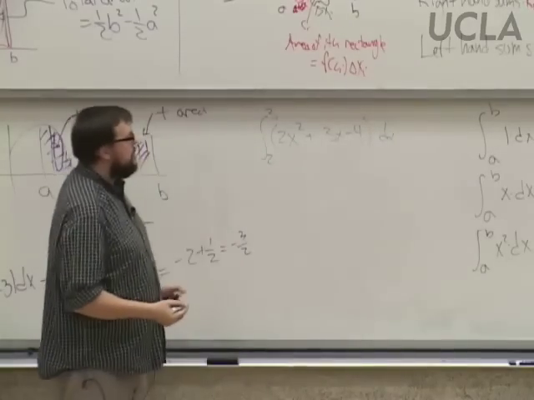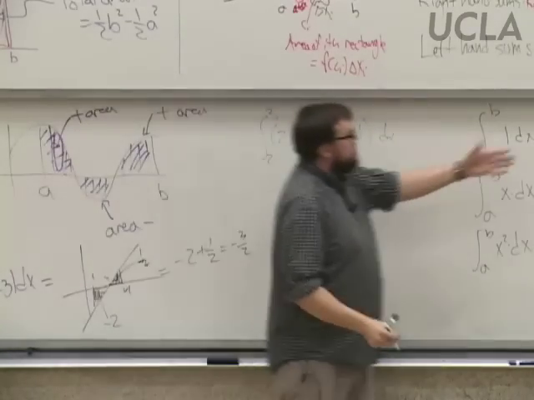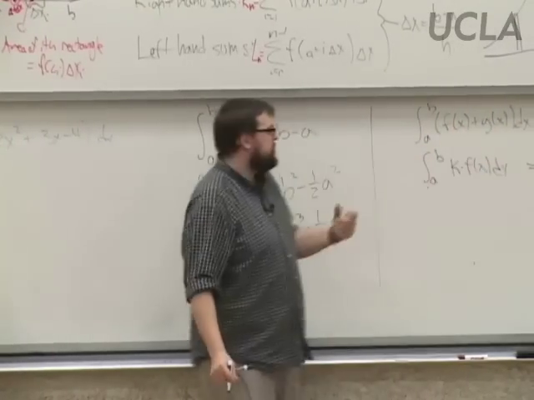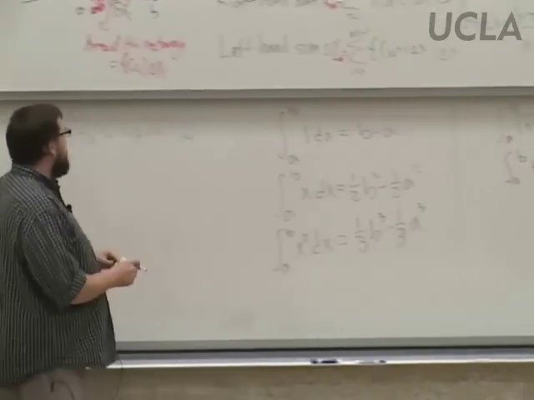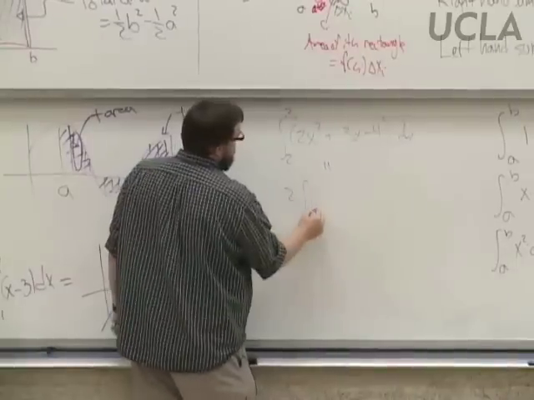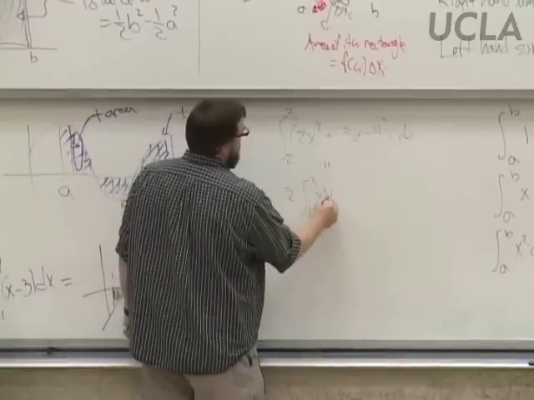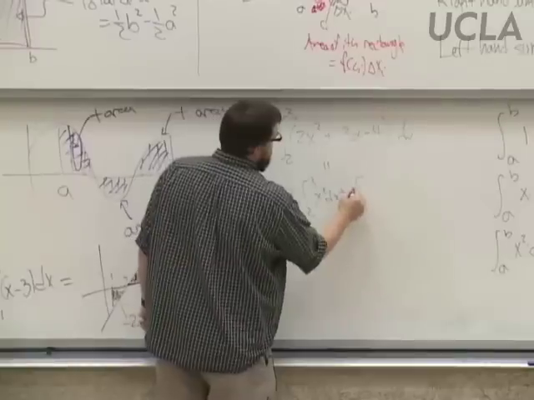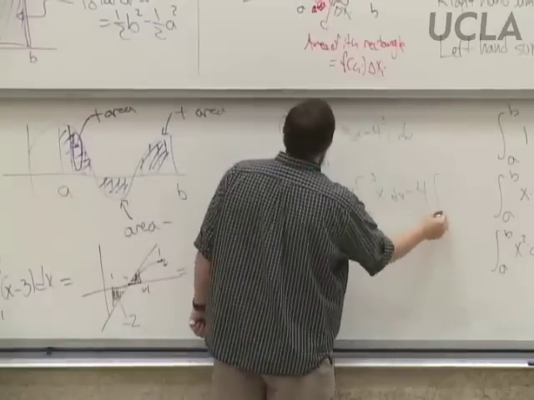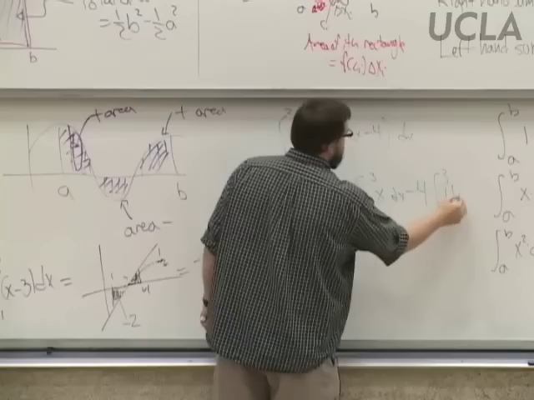Now it's very easy. What I do is I use these facts. First off, I break up all the addition and say, instead of thinking of it as one big integral, break it up into 3 individual pieces. And at the same time, I pull out constants. So I'll do both things at once. So this is 2 times the integral from 2 to 3 of x squared dx plus 3 times the integral from 2 to 3 of x dx minus 4 times the integral from 2 to 3 of 1 dx.